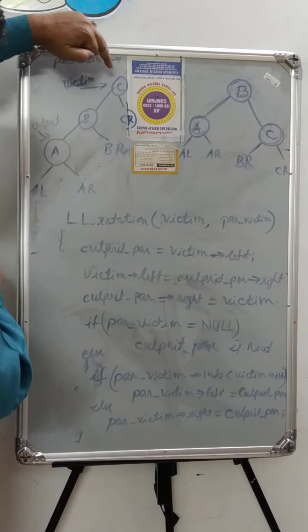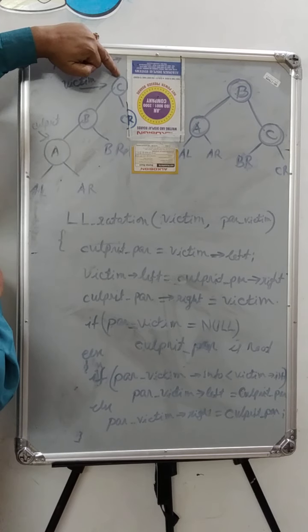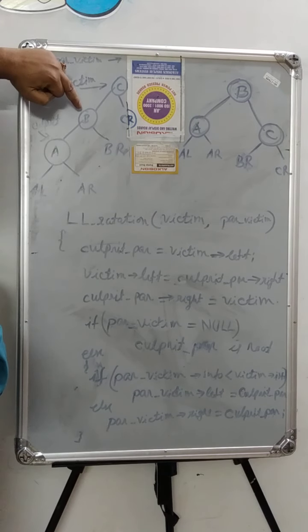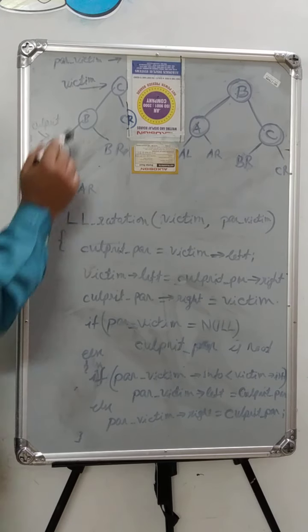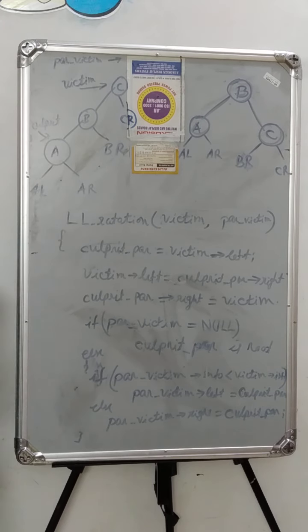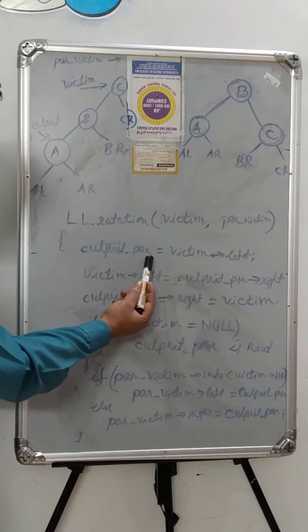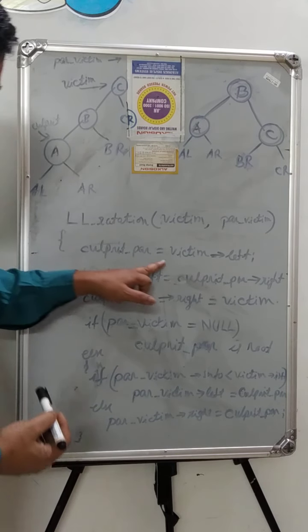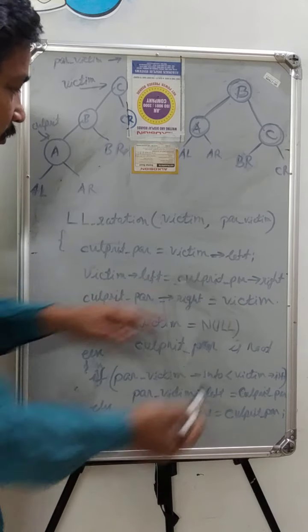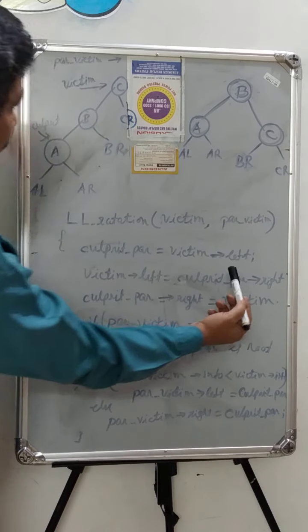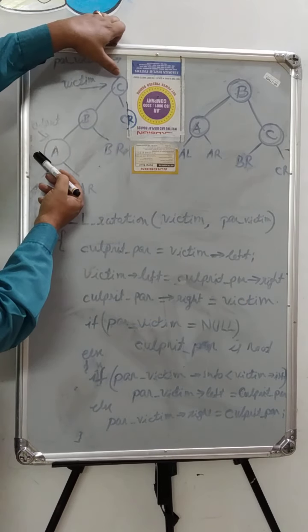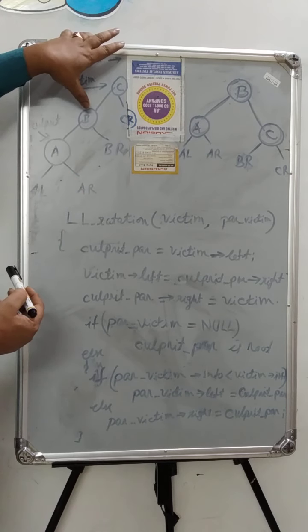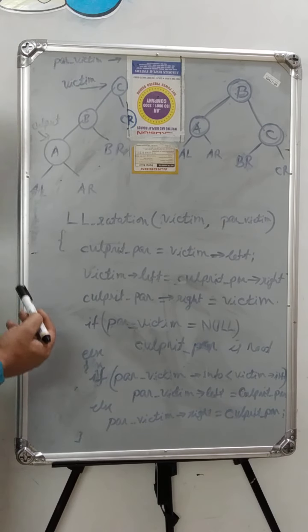Imbalance is faced in the victim node, but rotation will be done around the node B. So this node address is very crucial for us. So we preserve the victim's left node. Why we have recorded left? Because this is the LL rotation and this node is in the left hand side.